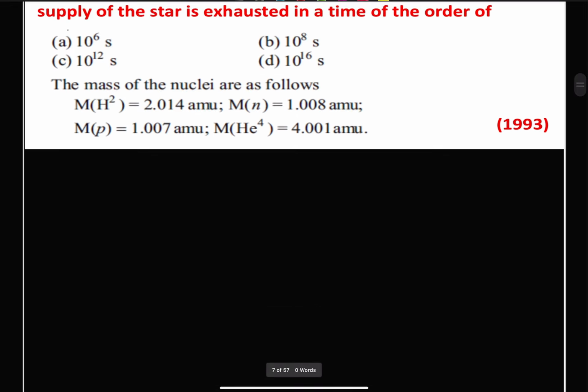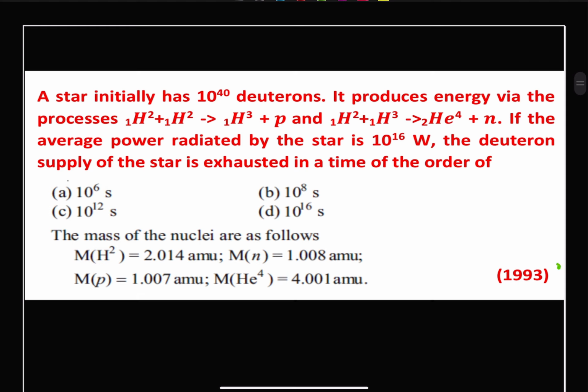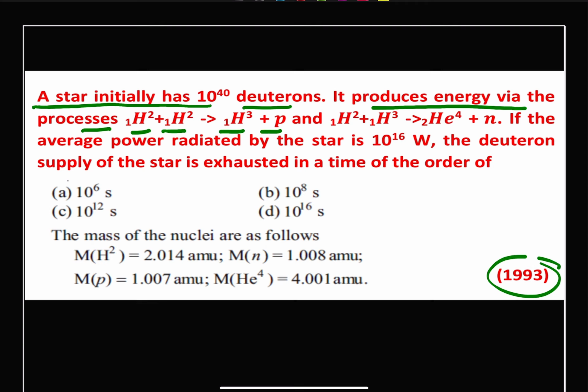Next question. It was asked in the year 1993, and it states that a star initially has 10 raised to the power 40 deuterons. It produces energy via the process, given as 1H2 plus 1H2, giving us 1H3 plus a proton, and 1H2 plus 1H3 giving us 2He4 plus 1 neutron.